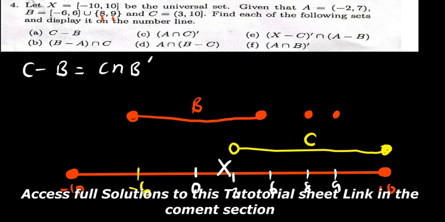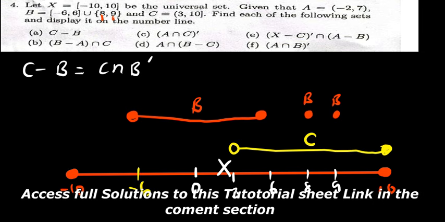I can't put a line in between, because if I put a line, I'd be saying the numbers from 8 to 9, but in this case it is just 8 and 9. This is not an interval, so you just put a dot showing that set. Like I have done here, this is B, again this is B. Now we are talking about the complement, B complement.